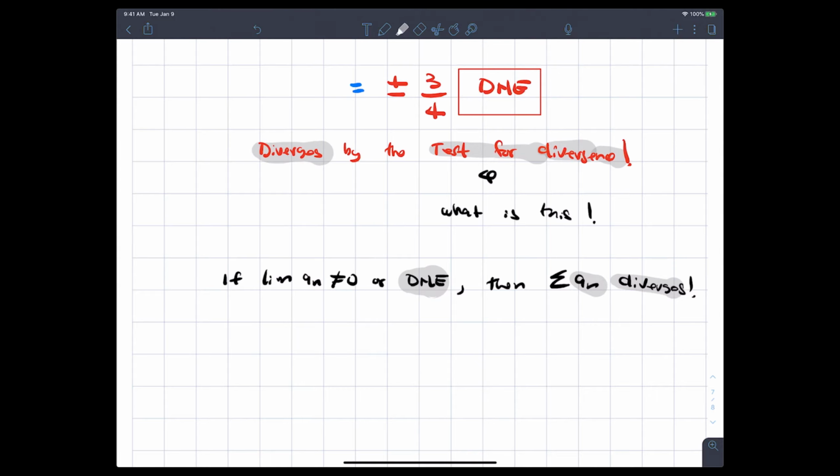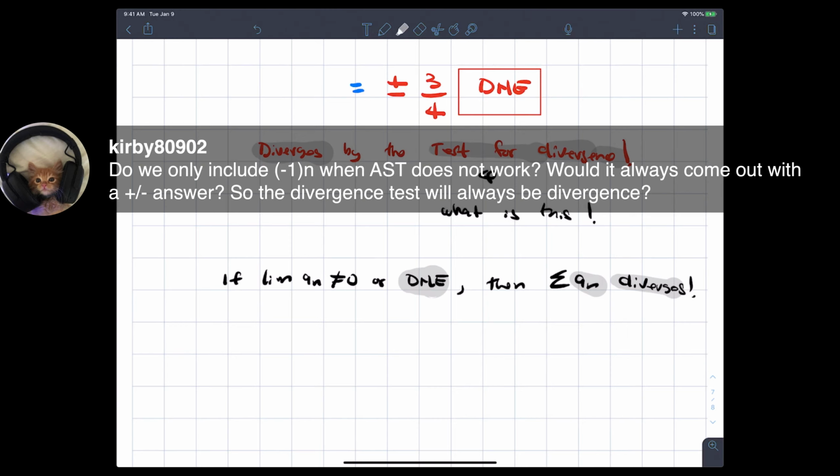Okay, now we have a question here. Let's double check. Do we only include (-1)^n when the alternating series test does not work? No, the answer is I would remove the phrase "only."